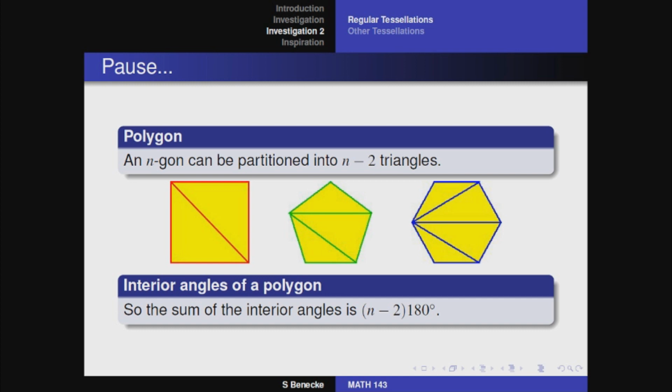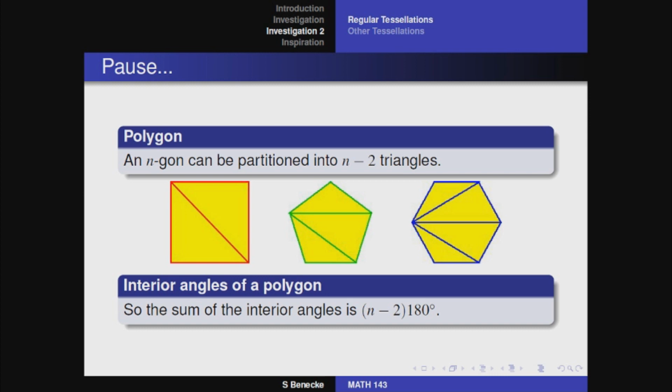So, we have an n-sided polygon. Now they're going to get bigger, so they don't all have names. So I'll call it an n-gon. If I take any n-gon, be it 4, 5, 6, or whatever, I can split it up into a certain number of triangles.